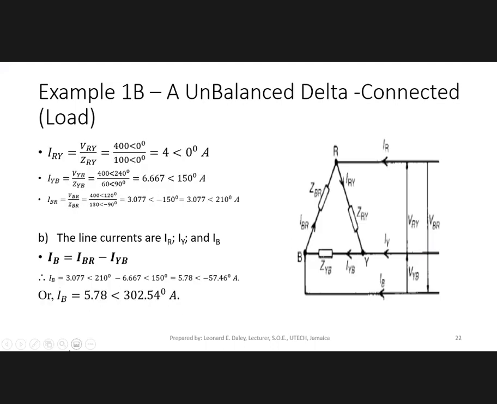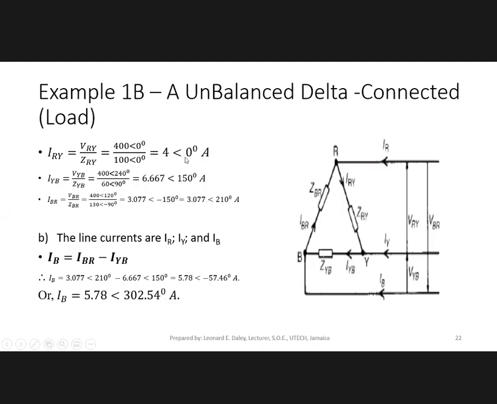All right. So that's it for that problem. We were asked to find just the phase currents and the line currents. And you can see that the values bear out the fact that it is an unbalanced system. All the magnitudes are different for the phase currents, and the angles are not 120 degrees apart.